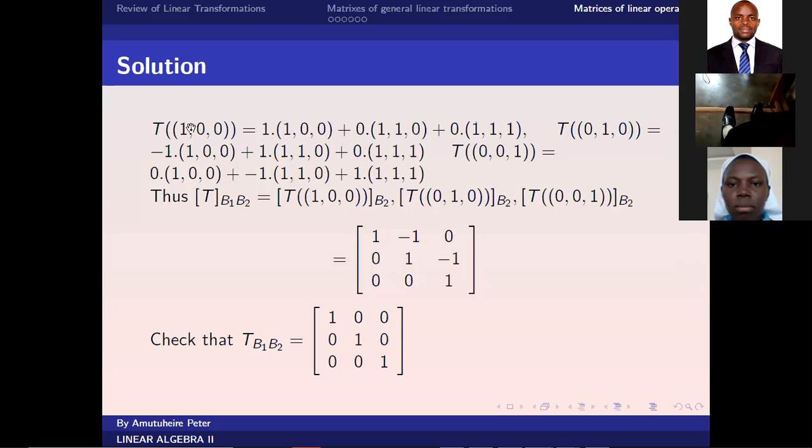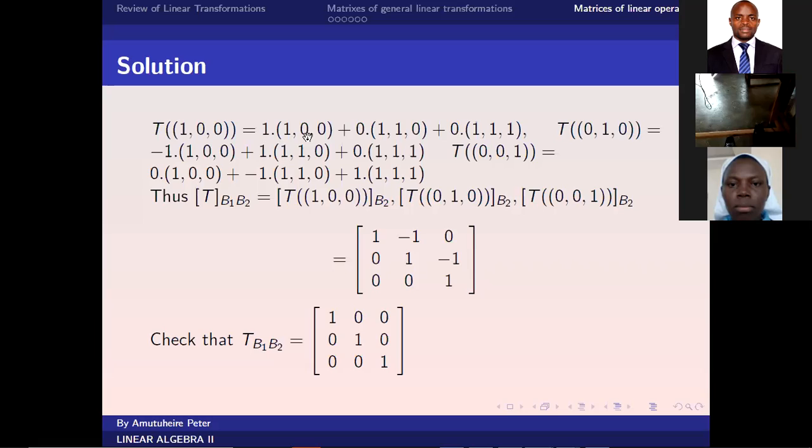So we write T of (1, 0, 0), it returns (1, 0, 0), because whatever you give it is what it returns. Now we write (1, 0, 0) as a linear combination of the basis elements of B2. So it will be 1 times this, plus 0 plus 0, so it gives you this 1.